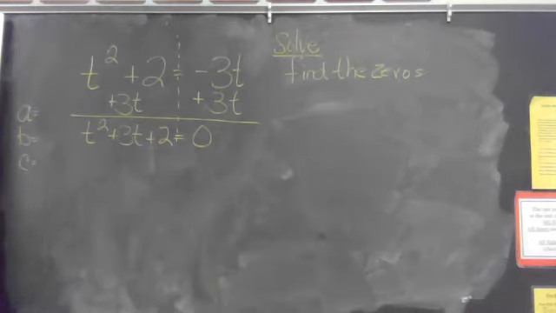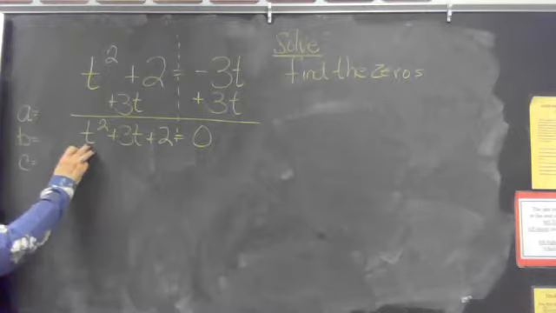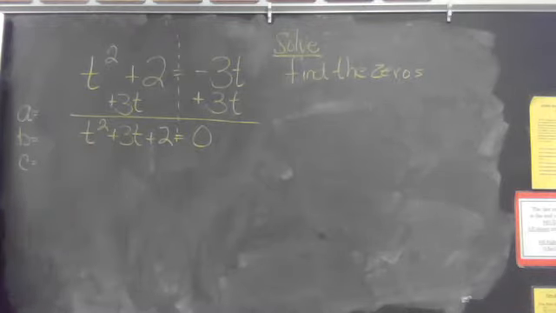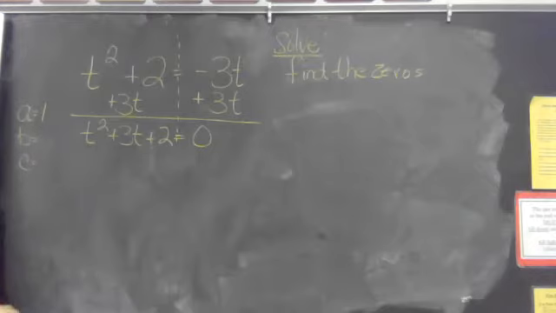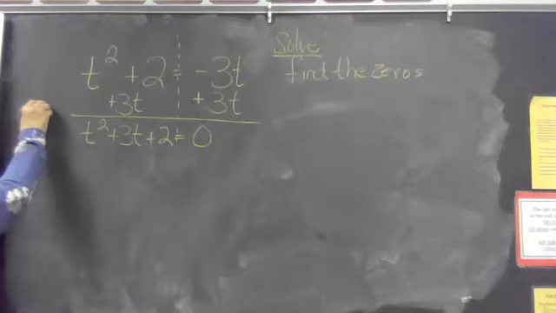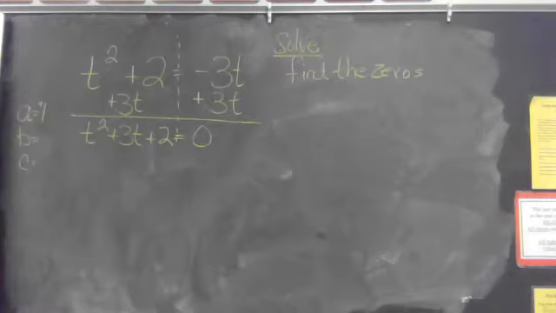Now remember, the A is the coefficient in front of the t squared. So what is A equal to? 1. There's an invisible 1, so A is 1. And if you want to remind yourself for a while, put the sign so you don't forget the negatives when they show up.